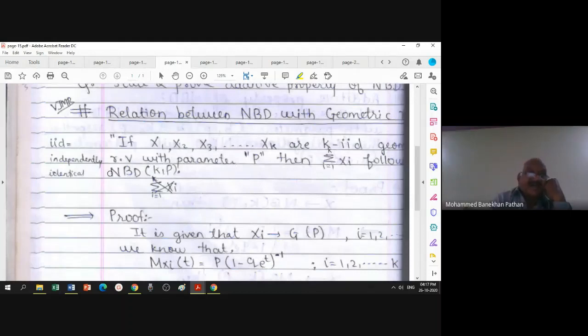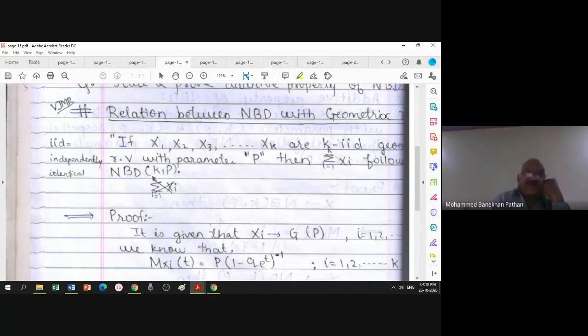It is NBD. Hence, it is also an MCQ. Geometric satisfies additive property, yes or no? So you have to say no. NBD satisfies additive property, yes or no? You have to say yes. NBD satisfies additive property.